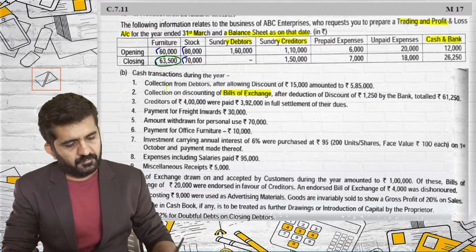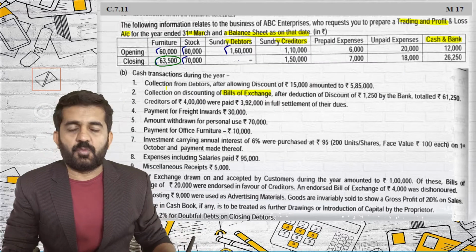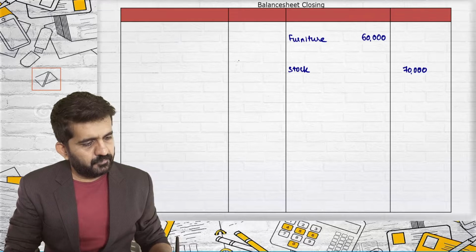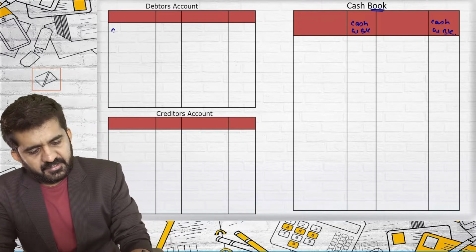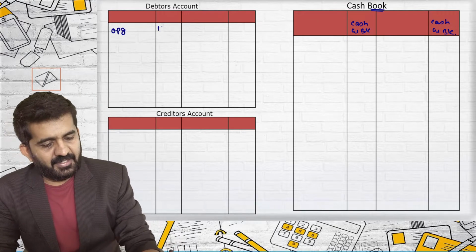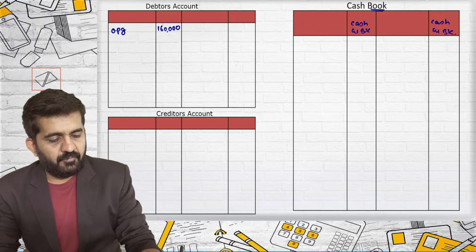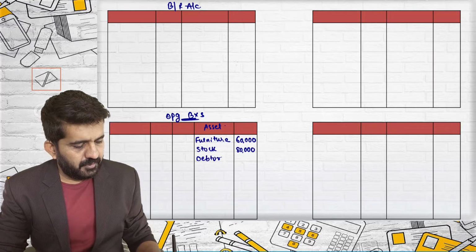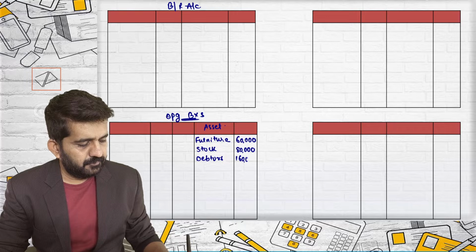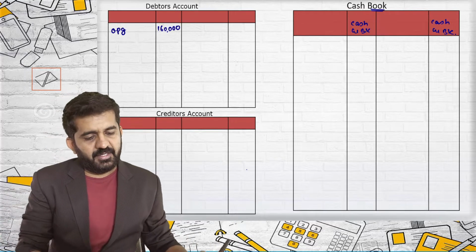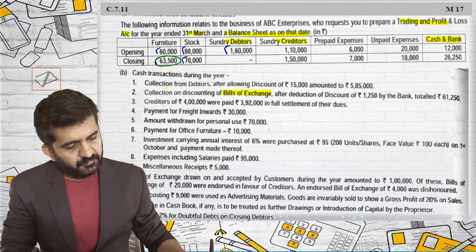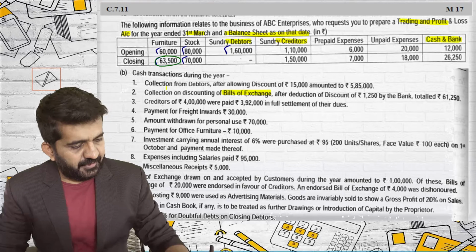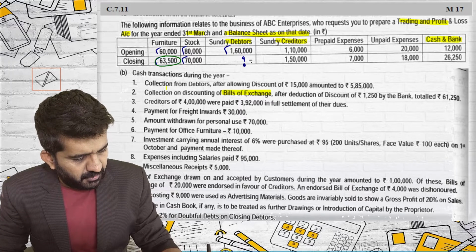Opening debtors is 1,60,000. Opening debtors account, opening balance 1,60,000, opening balance sheet, debtors 1,60,000. Now this is a printing error. This should be a question mark.